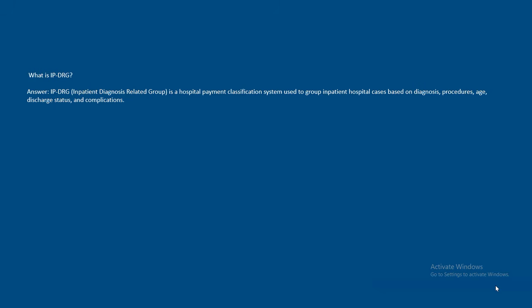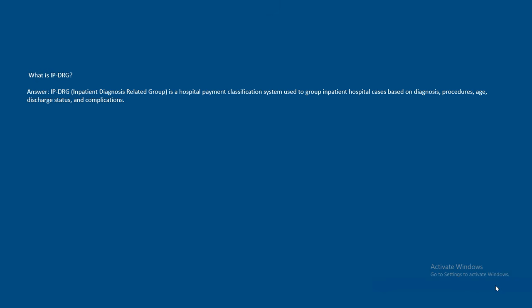Next, what is IPDRG? If you expand IPDRG, inpatient diagnosis related groups is a hospital payment classification which is used to group inpatient hospital cases based on diagnosis, procedures, age, discharge status, and complications. So this DRG depends on a few factors.